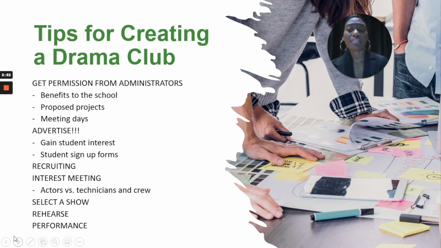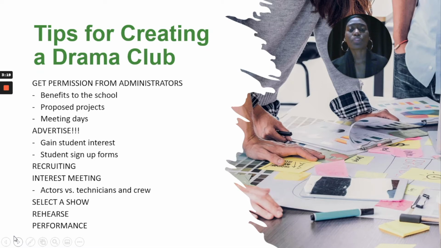I would then think about ways I can advertise. So now you have the approval of your principal or other administrators. How can I actually get students to sign up and commit to staying after school? You want to gain student interest. You may want to have flyers around the building, make announcements over the PA in the morning or the afternoon, depending on your school and how they send out information to the students.